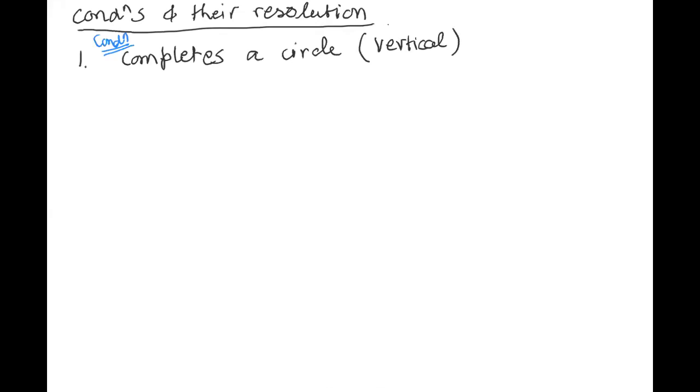But this object has a condition that it must complete a vertical circle. This is what should be the minimum velocity so that it completes a vertical circle. What should be the minimum height from which it is released so that it completes a vertical circle? The words may be different, but the meaning will always be the same. Condition is vertical circle complete hona hai.